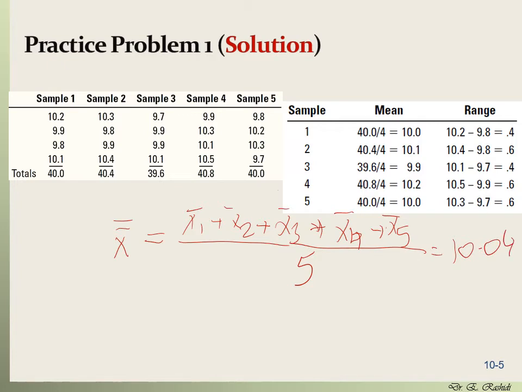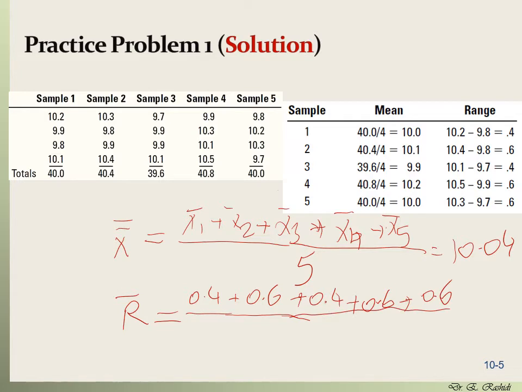10.04. And for the range, the average of the ranges, we're going to sum up all the ranges. So that's R1, which is 0.4, plus R2, which is 0.6, plus R3, which is 0.4, plus R4, which is 0.6, plus R5, which is 0.6.